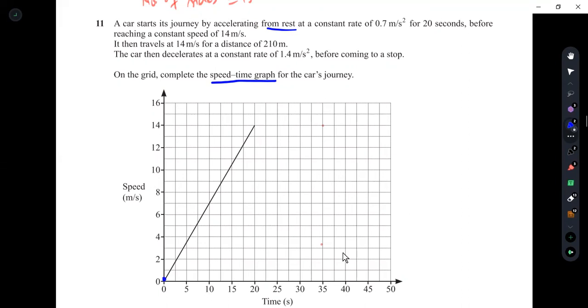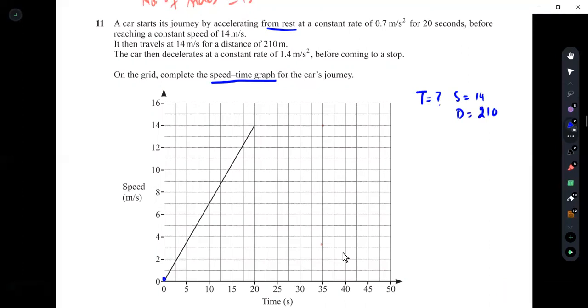Now the speed time graph shows speed and time. There's no distance here. So to travel this distance with this speed, we need to calculate how much time it has taken. Speed is 14, a constant speed that doesn't change, and distance is given as 210 meters.